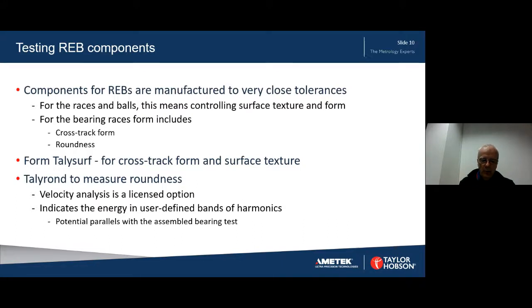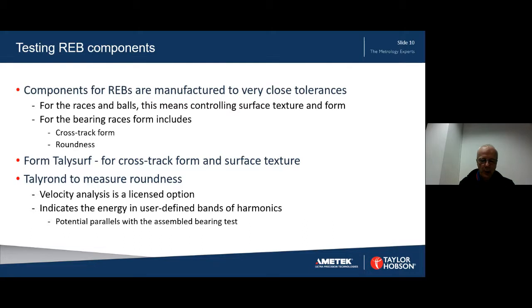The component parts of REBs have to be manufactured to extremely close tolerances. Surface texture and form need to be controlled. For bearing races, a suitable Form Talysurf instrument can provide cross-track form checking and surface texture measurement.